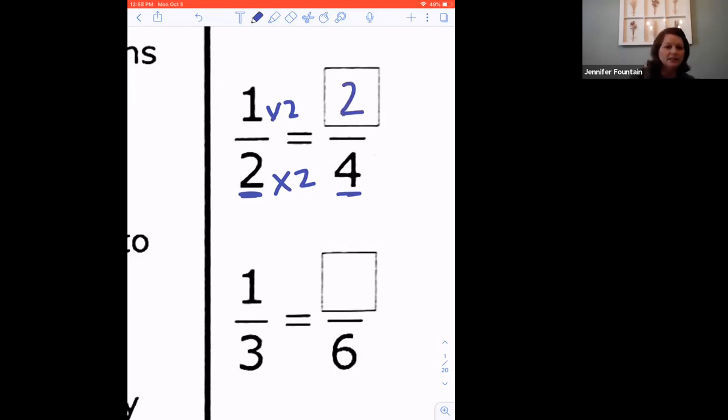So 1/2 is equal to 2/4. The next one, 1/3 is equal to something over 6. Again, what do I multiply 3 by to get to 6? Again, I'm multiplying by 2. What I multiply the denominator by, I have to multiply my numerator by, and 1 times 2 is 2. So 1/3 is equal to 2/6.